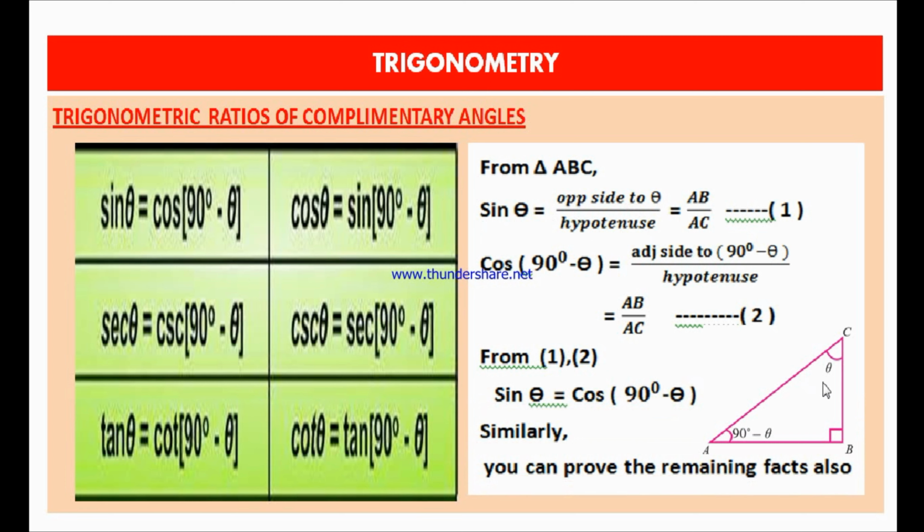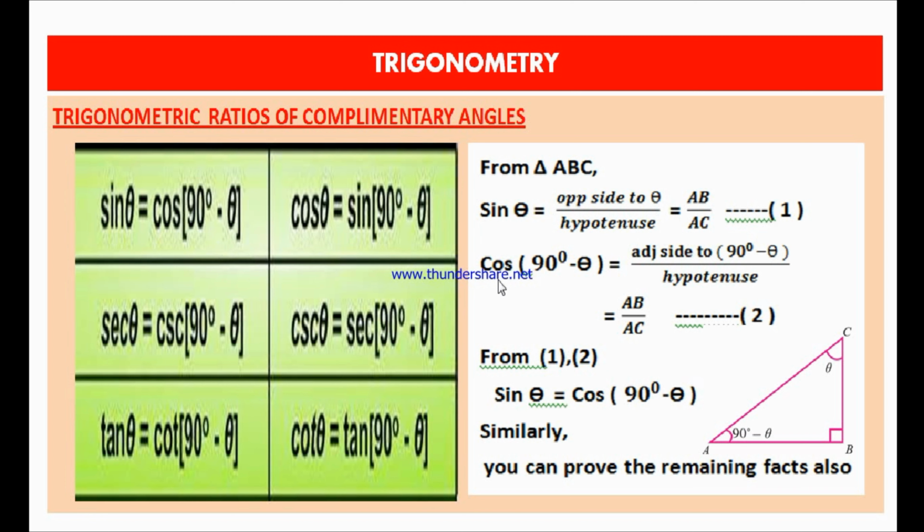Now, you see in this diagram, this is angle theta. To this angle theta, what is the opposite side? Opposite side is AB. And what is the hypotenuse? Hypotenuse is AC. Therefore, sin theta is equal to opposite side to theta by hypotenuse, which is equal to AB by AC.